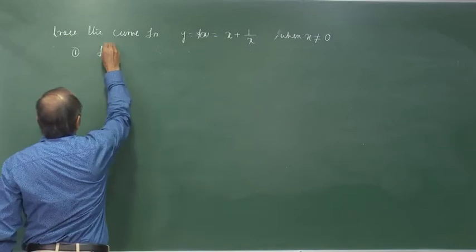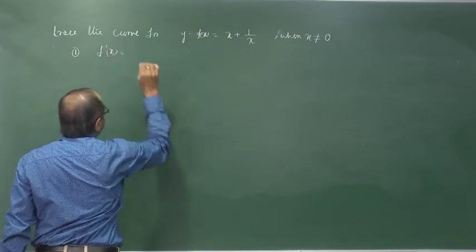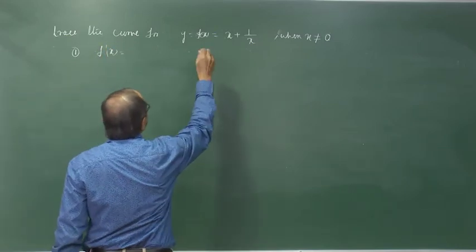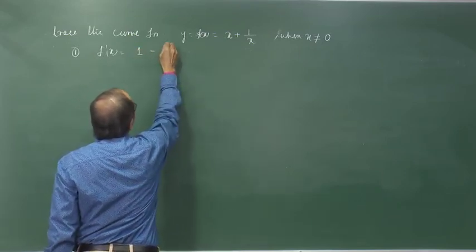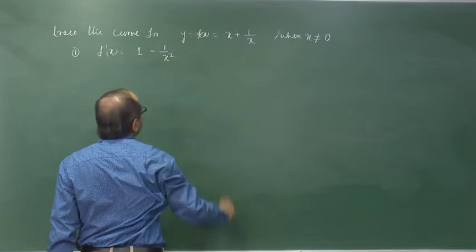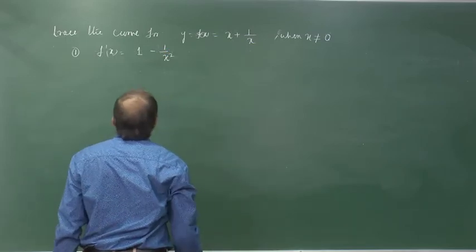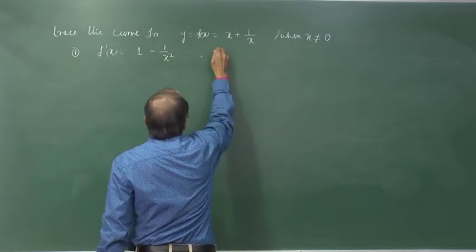What is f dash x now? This f dash x is equal to 1 minus 1 by x square. And what is f double dash x?